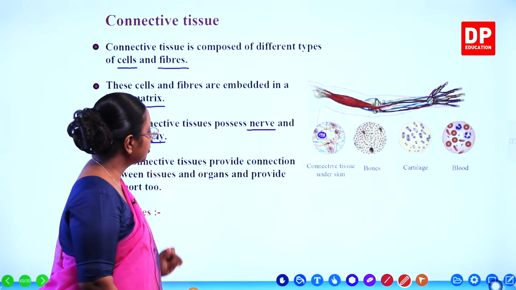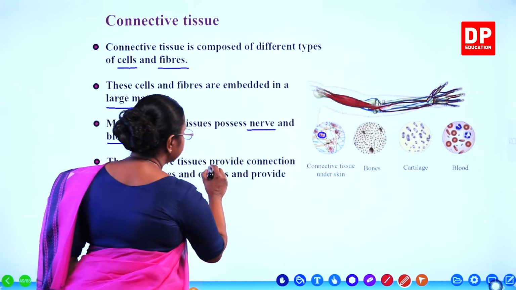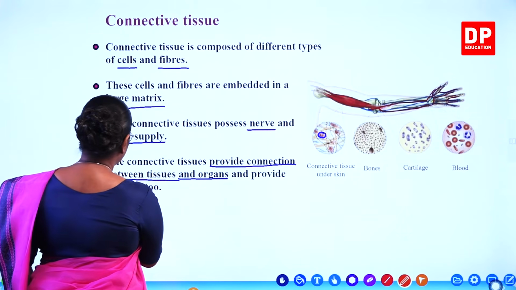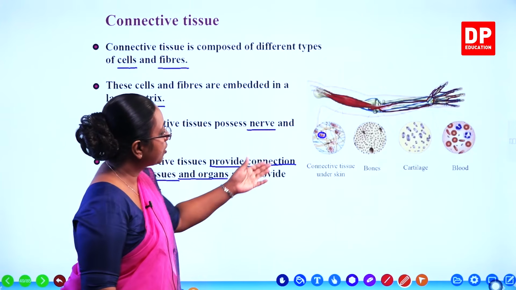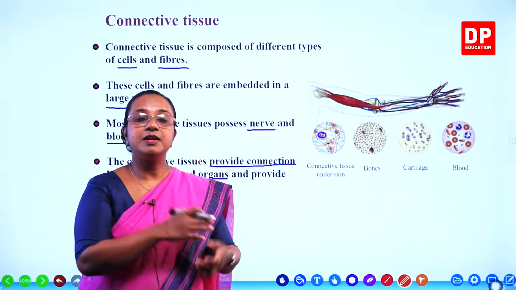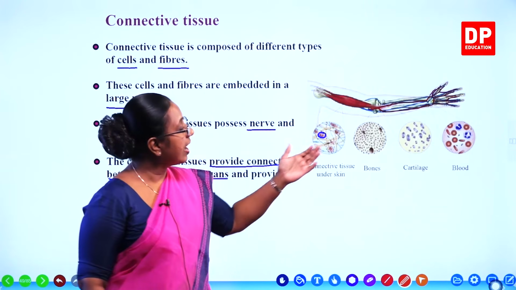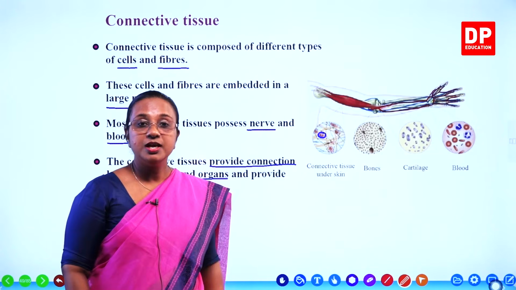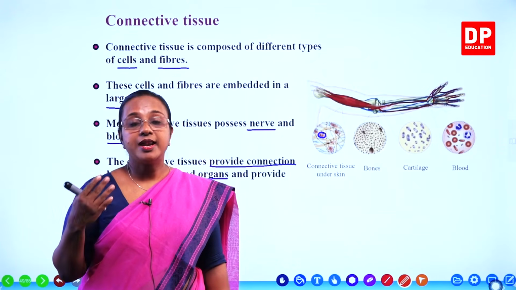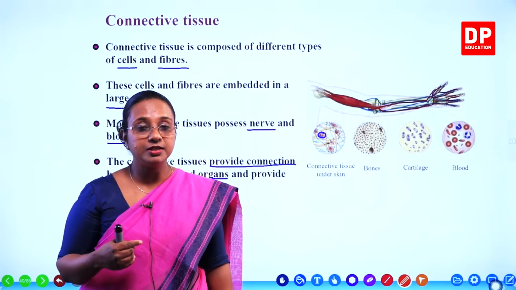The connective tissues provide connection between tissues and organs. That is the main function of connective tissues, and they provide support too. Now, if we take the bones, they connect different parts of our body and help us in movement. Whereas if we look at the blood tissue, that connects the different parts by transporting and distributing different types of materials throughout the body.